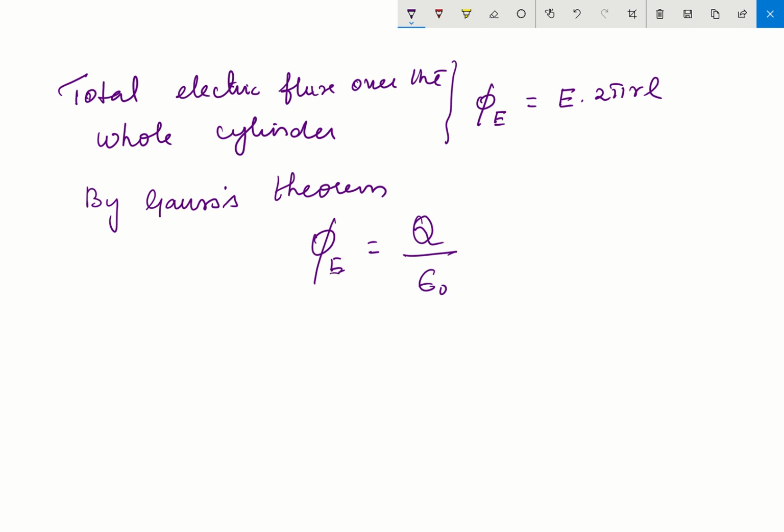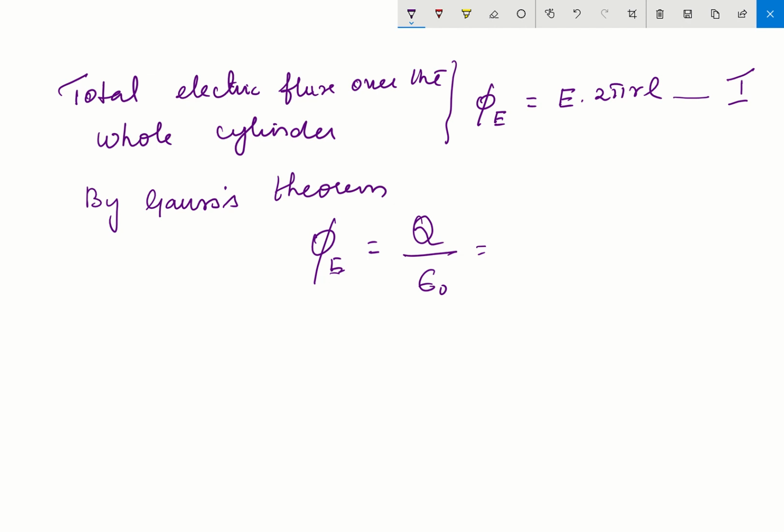Q is nothing but, for the length of the cylinder, only for that length. The Gaussian surface's length is L. Let this be equation number 1. Therefore phi is Q divided by epsilon naught.